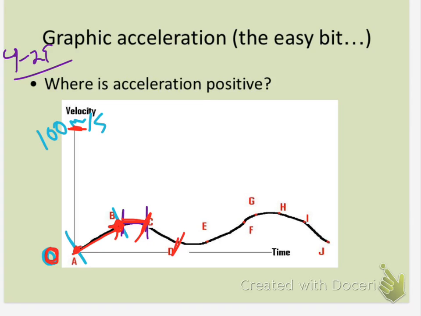From C to D, tell me what's happening to the object. Its velocity is decreasing. Okay, its velocity is decreasing because at C we have a larger magnitude for the value of velocity than we do at D. We're going from 10 meters per second and maybe we're creeping along at 1 meter per second.